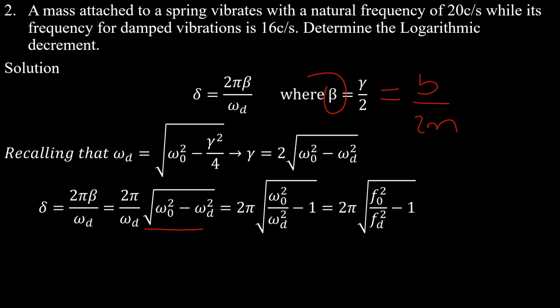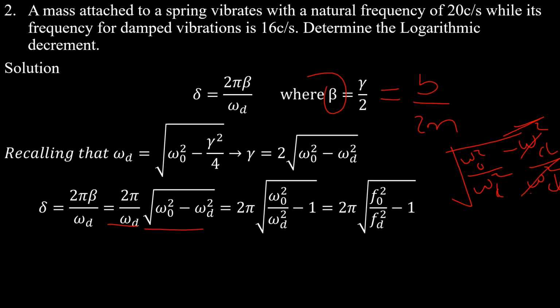If we expand that by pushing omega d inside the square root, we're going to have the square root of omega naught squared over omega d squared minus omega d squared divided by omega d squared. The omega d here is going to cancel omega d here, giving us 1.